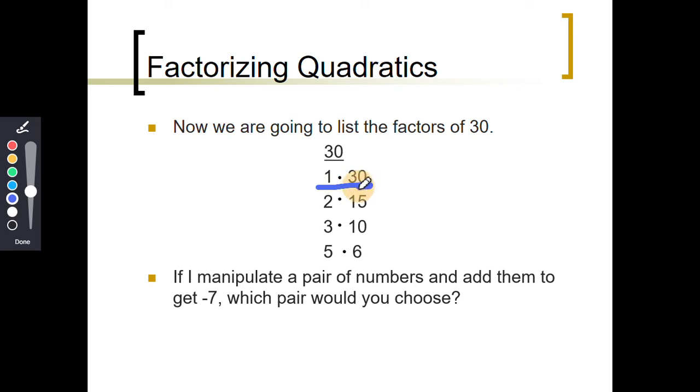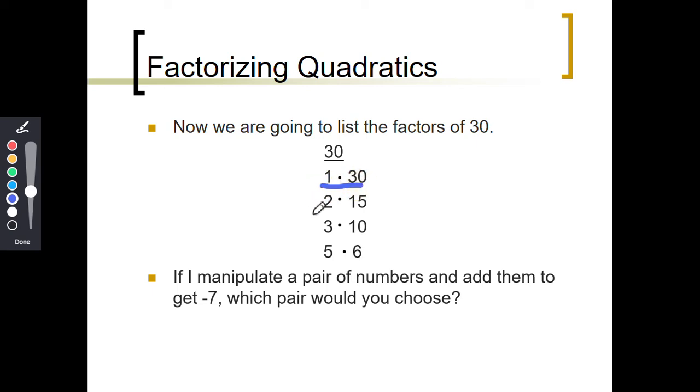If I made 1 negative 1 and added these two, I would not get negative 7. That's obvious. If I made this number negative and added, I would not get negative 7.